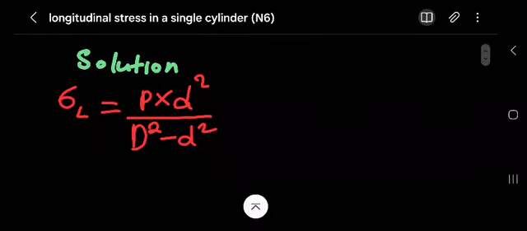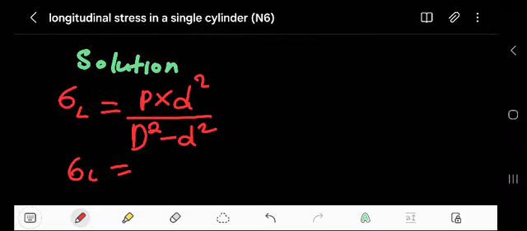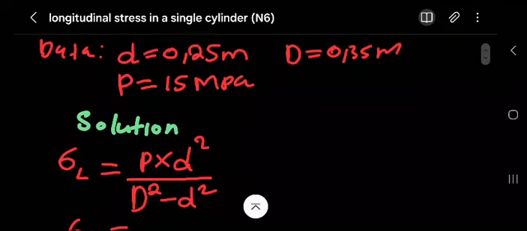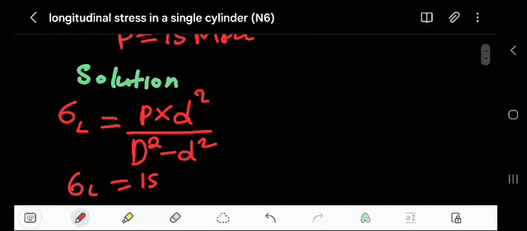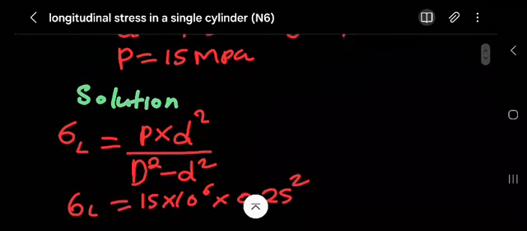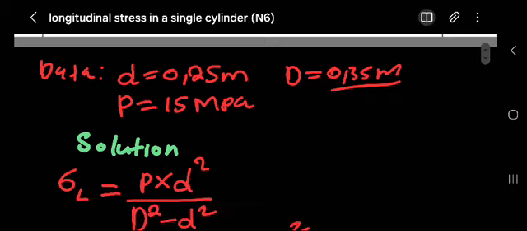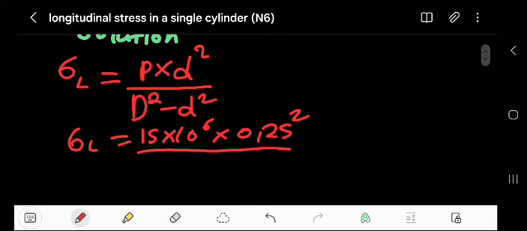So the longitudinal stress equals the pressure we are given, 15 megapascal, 15 times 10 to the power of 6, times the internal diameter 0.25 squared, over the outside diameter 0.35 squared minus 0.25 squared.